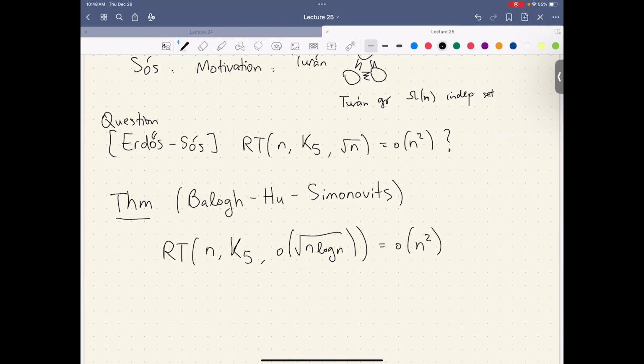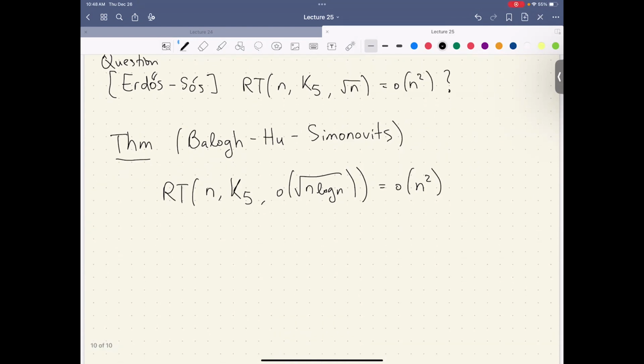This is optimal, which we call a phase transition. What do I mean? Remark. We know that if you change little o to constant 1 times square root n log n, this is actually n squared over 4 times (1 plus little o of 1).